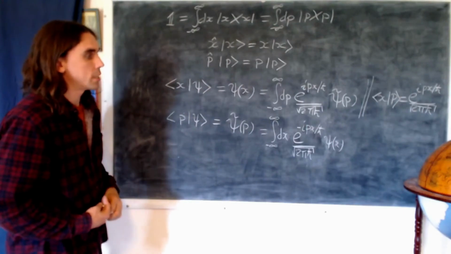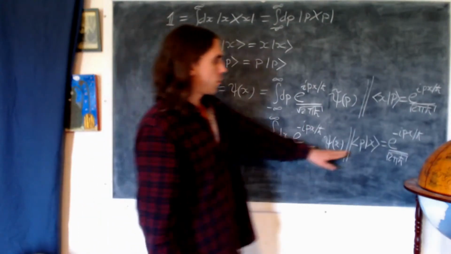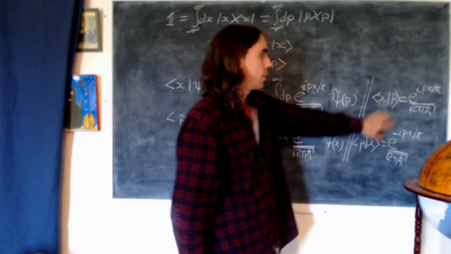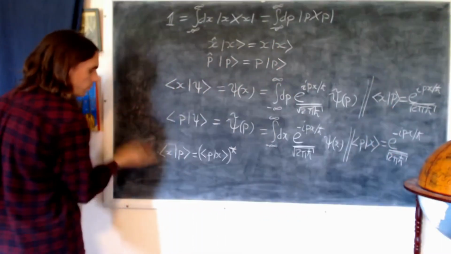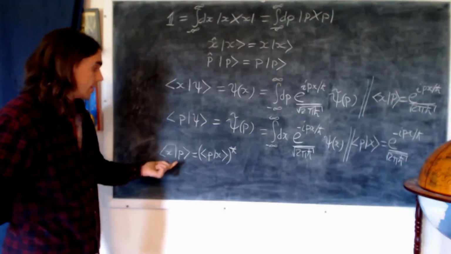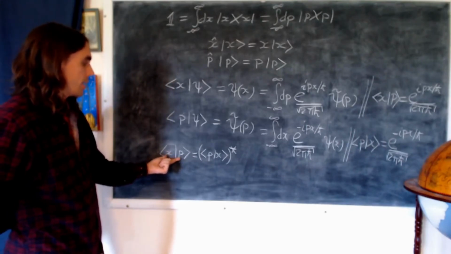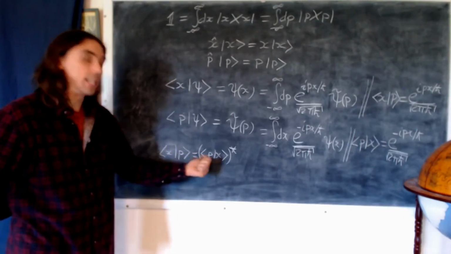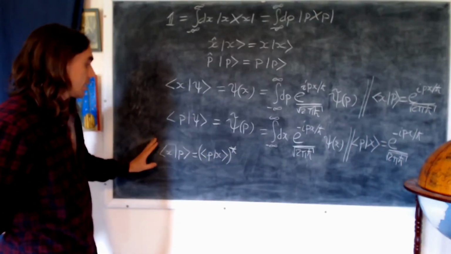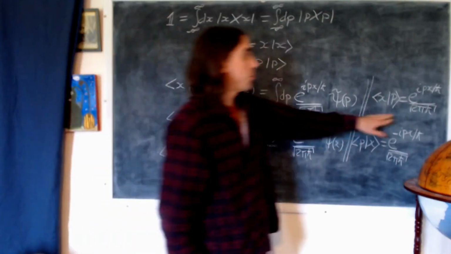And what we're saying here is the following. We've had to use the fact that <p|x> is the complex conjugate of <x|p>. This is built into the Dirac notation already: for any vectors, if we write <x|p>, then <p|x> is the complex conjugate of that. That's part of the notation. And additionally, we're saying that <x|p> is given by this form over here.